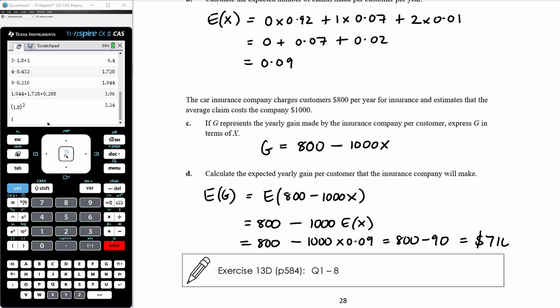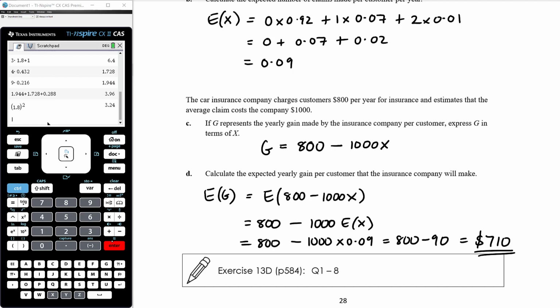So they still make $710 per customer per year on average. Okay, so yes, that might fluctuate per individual customer, but over the scheme of their thousands and thousands of customers, on average, they can budget for making profit of $710 per customer.